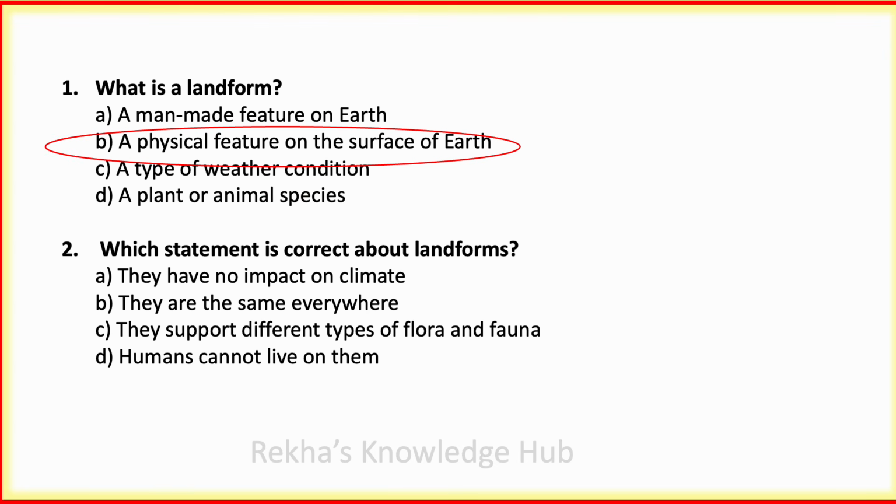Next one, which statement is correct about landforms? Options are: they have no impact on climate, they are the same everywhere, they support different types of flora and fauna, humans cannot live on them. Which is the correct statement?